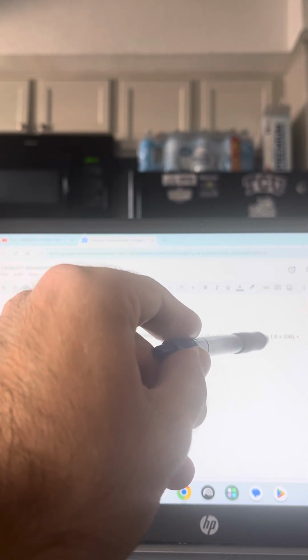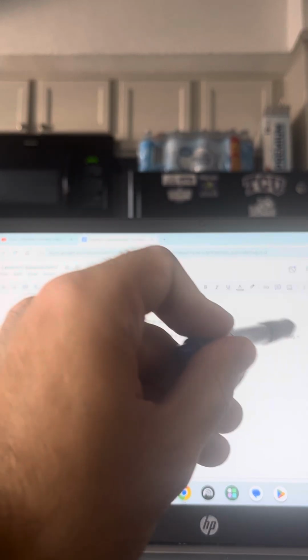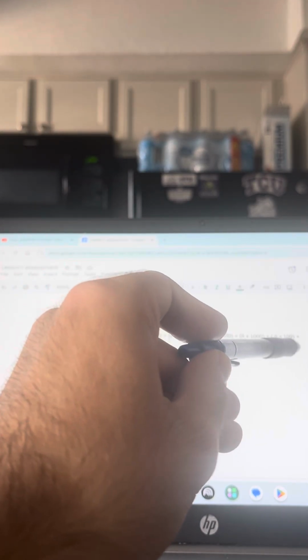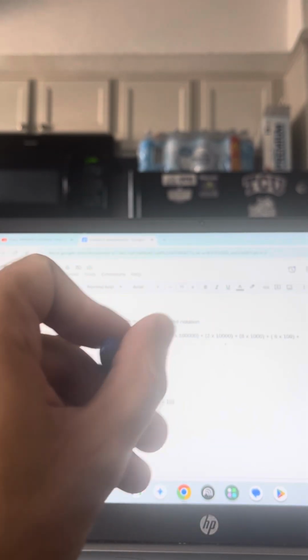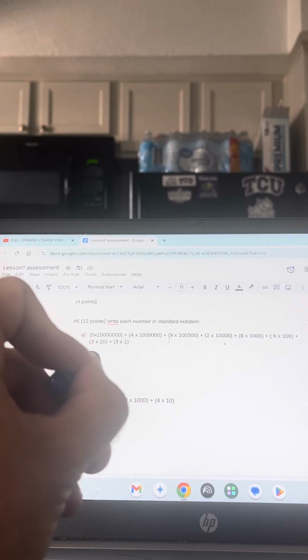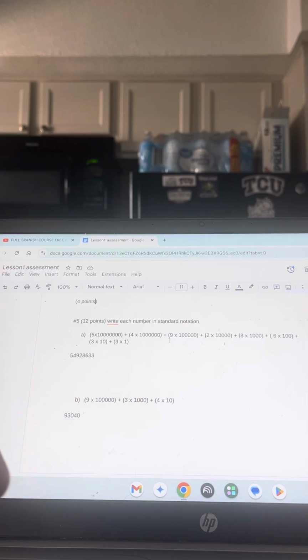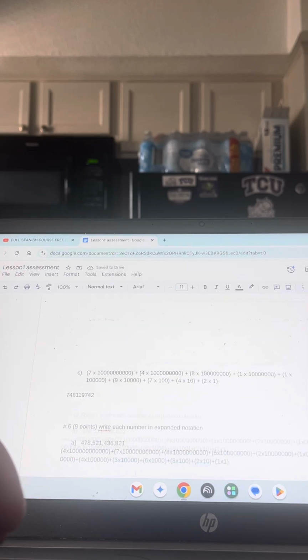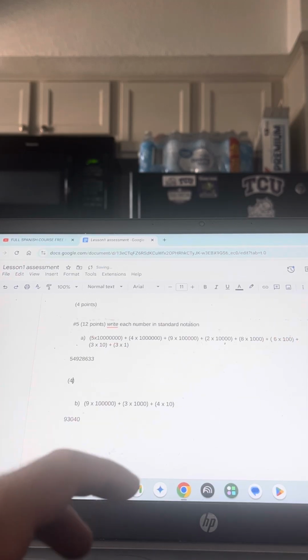The thousands place value. Good. 6 times 100 means that 6 has to be in the hundreds place. Good. 3 has to be in the ones place. Good job. So you got full credit for part A. So you got 4 points for that one.